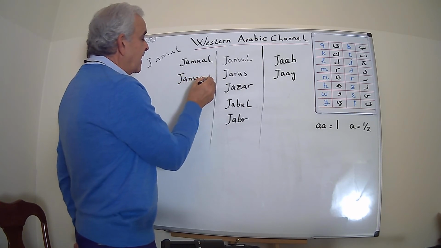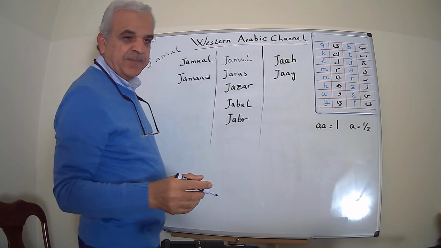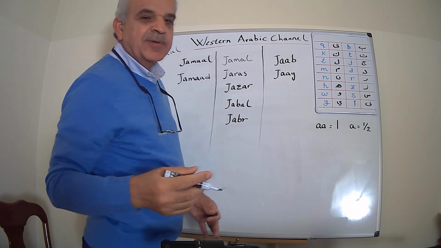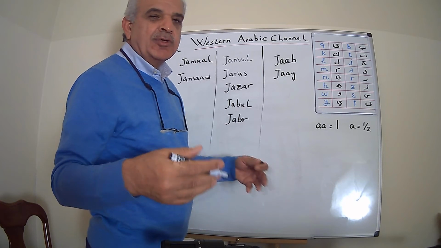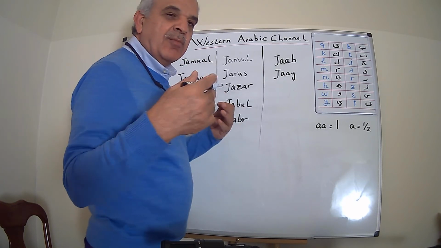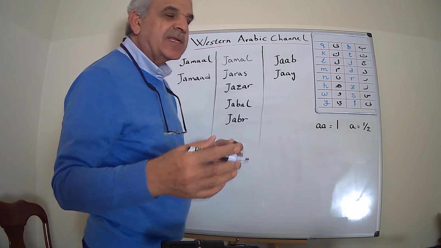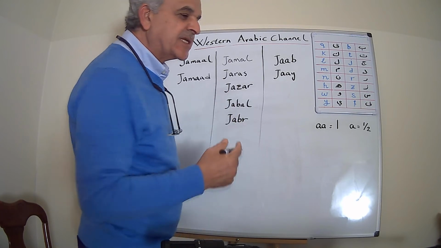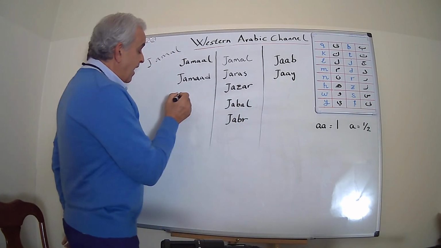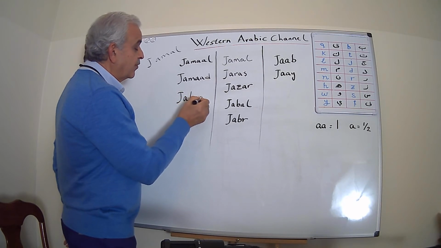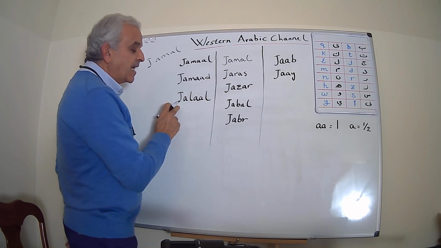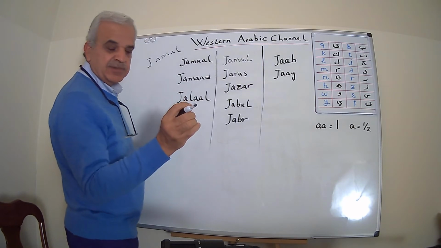Jamad. Anything which is not alive in Arabic is called Jamad, like stones, like dirt. It does not move. It's not a human being or an animal or a tree. We have also Jalal, a name of a person.